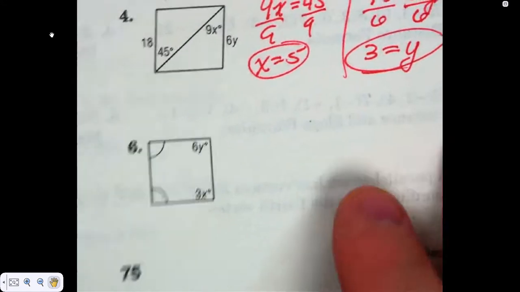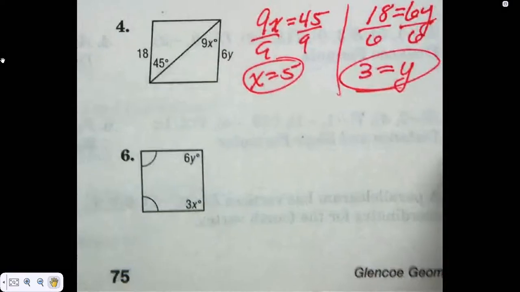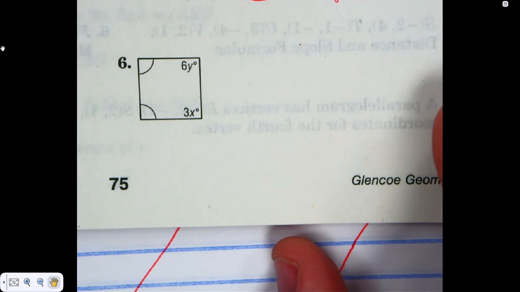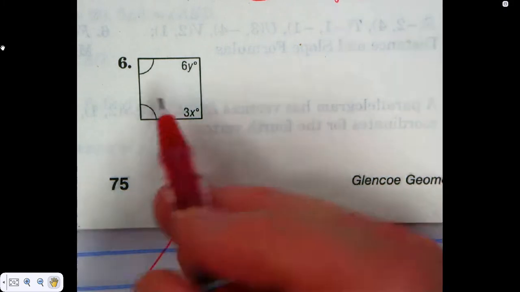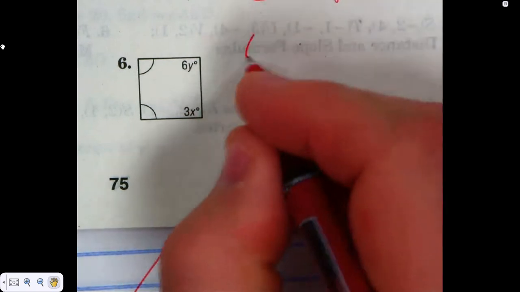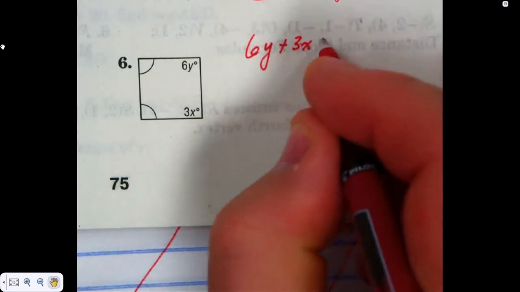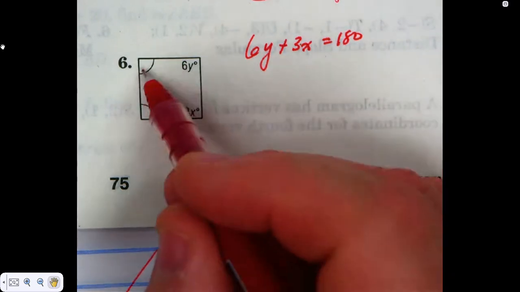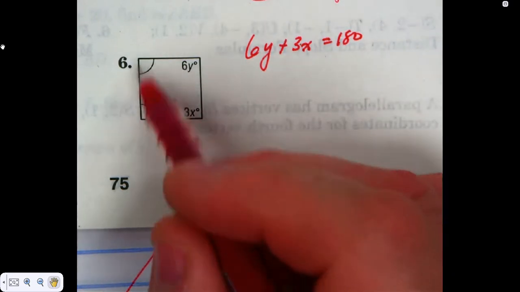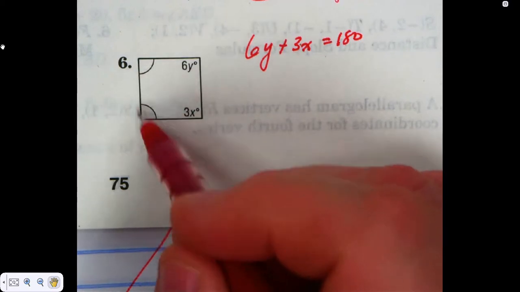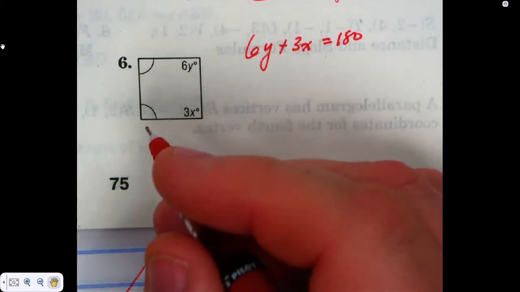Let's look at number 6. Does anybody know how to do this one? Might be a little confused here, huh? Think of it like this, though. This plus this, you know these two have to add to what? 180. You know 6y plus 3x is equal to 180. That doesn't help you, though, does it, really? What do I know about these two? They add to what? 180. And they're congruent.